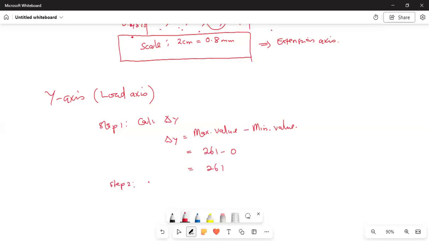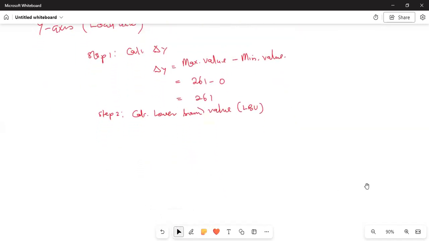Step 2. Calculate lower bound value, LBV. So what is the lower bound value?